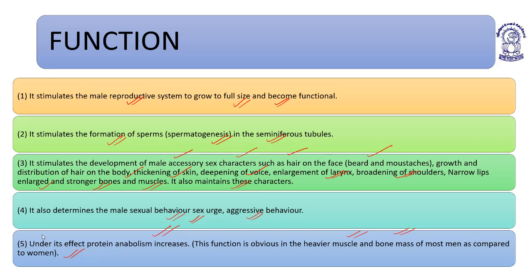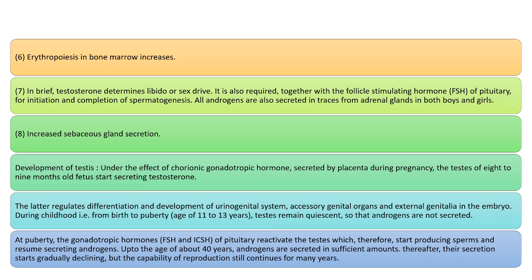It also maintains these characters, like determination of male sexual urge and aggressive behavior. Under the effect of testosterone, protein anabolic metabolism increases, which further increases the muscular mass and the bone mass of most males.